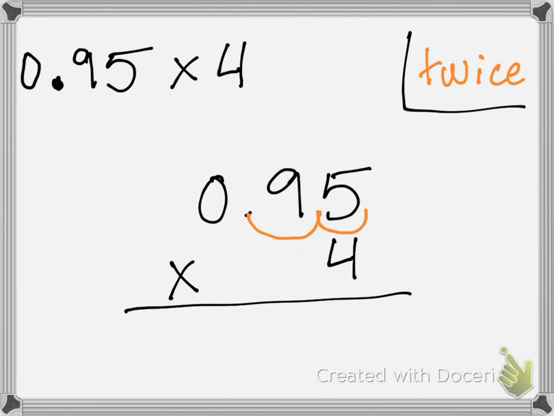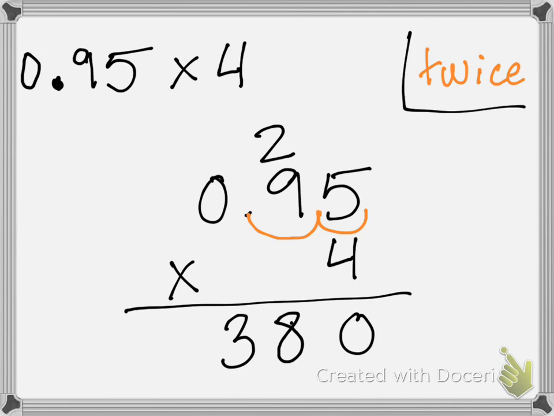What's 4 times 5, Nathan? 20. What's 4 times 9? 36. So what do I do? You add them. Perfect. And there's nothing else there, so it doesn't matter.